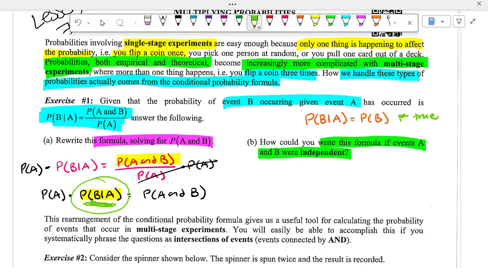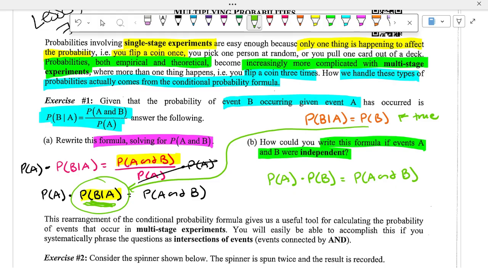What is it equal to? P of B. So guess what we can replace it with? P of B. I can replace P of B given A with P of B because we know they're independent. So this would be P of A times P of B is equal to P of A and B.